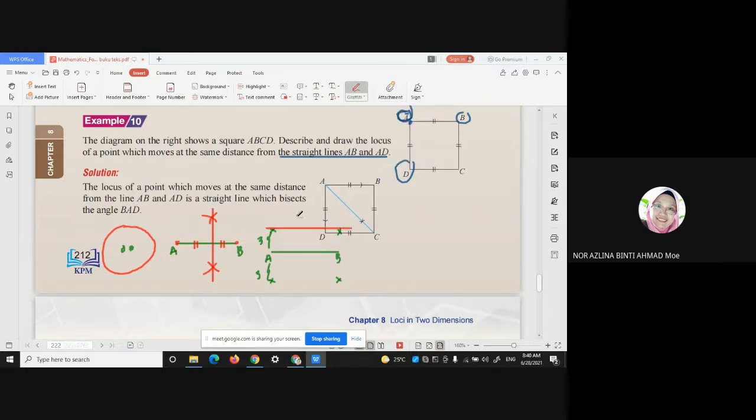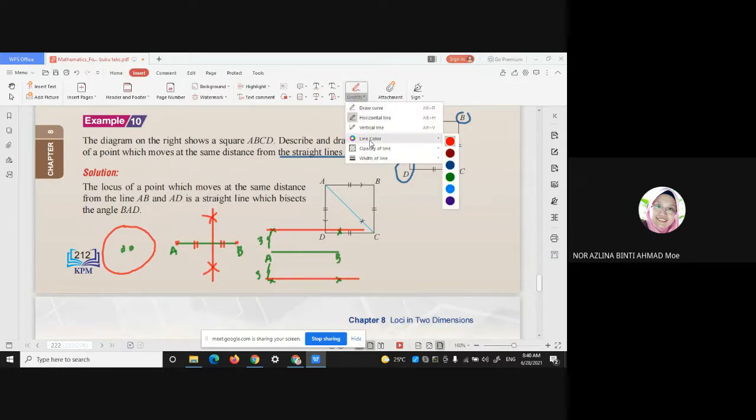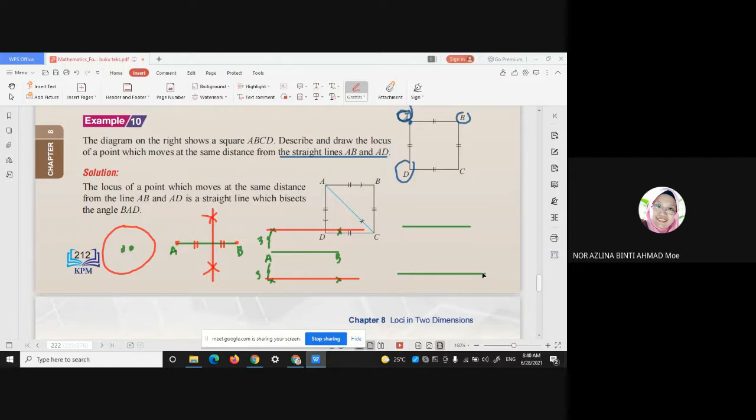So we draw the horizontal line using ruler and pencil. Remember, you need to draw using pencil. Okay, and this is the locus.